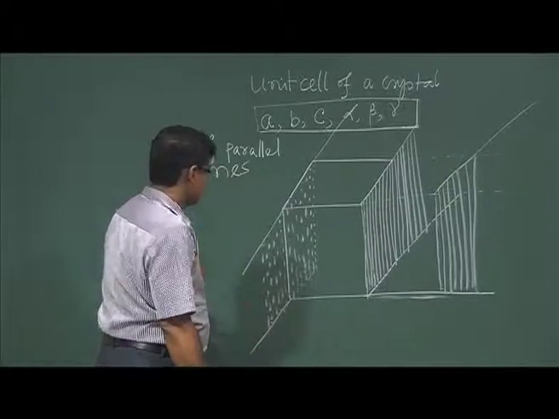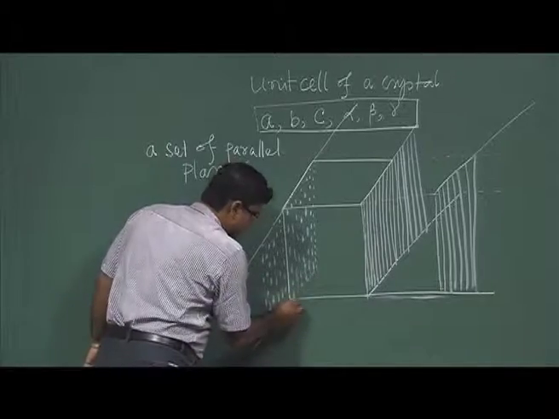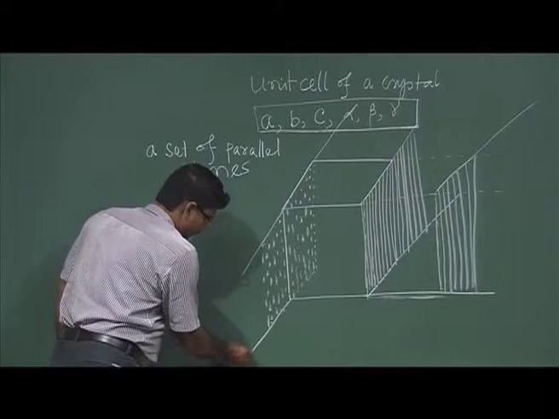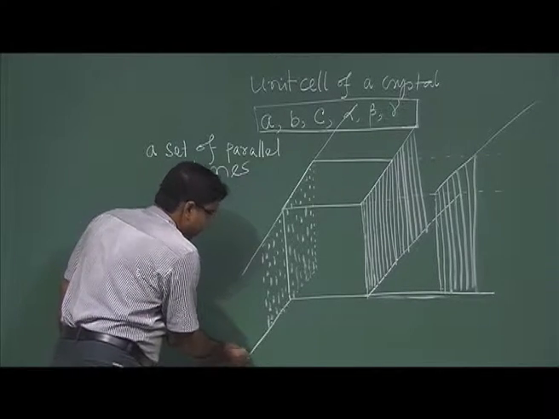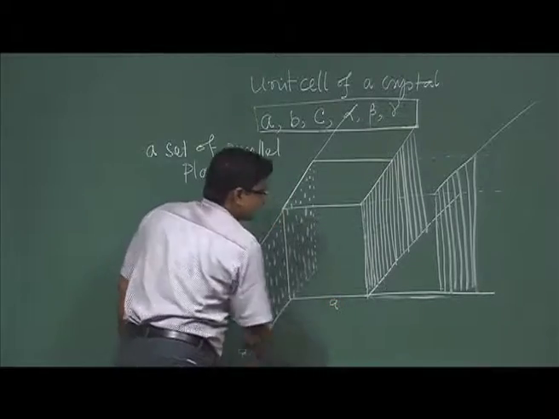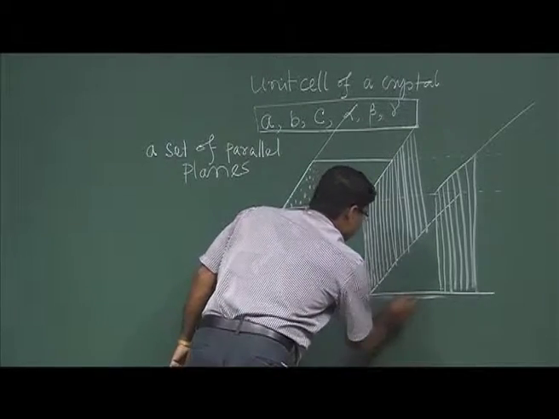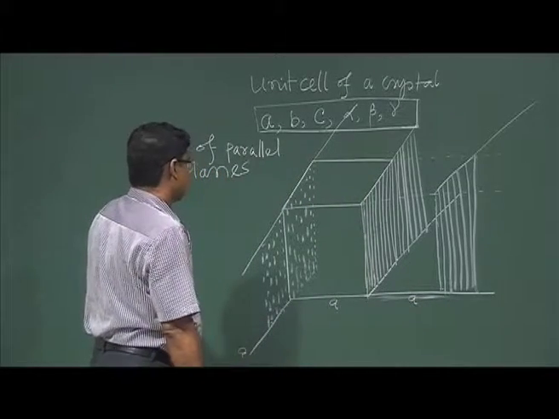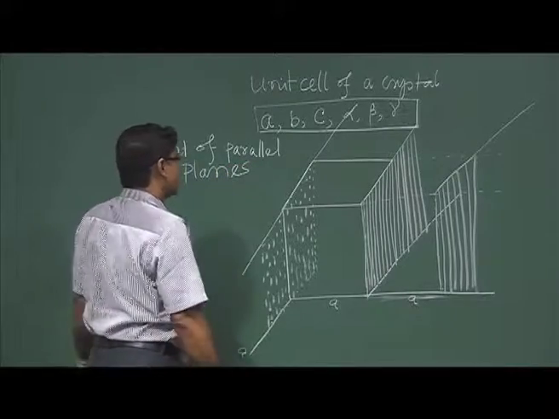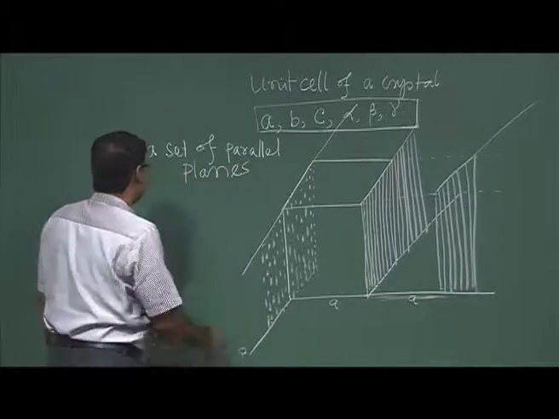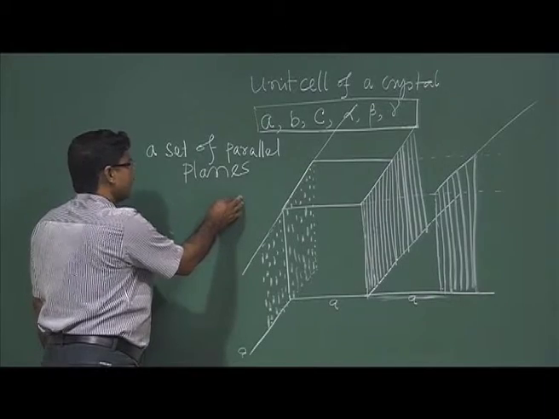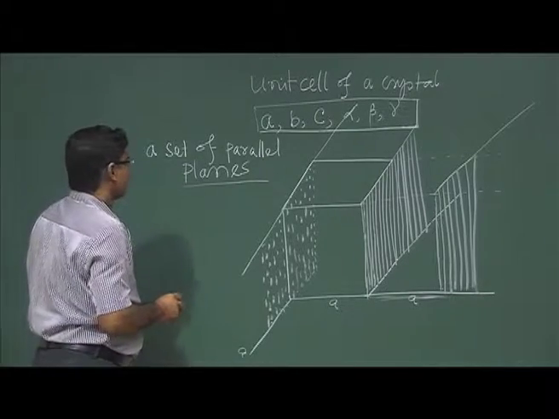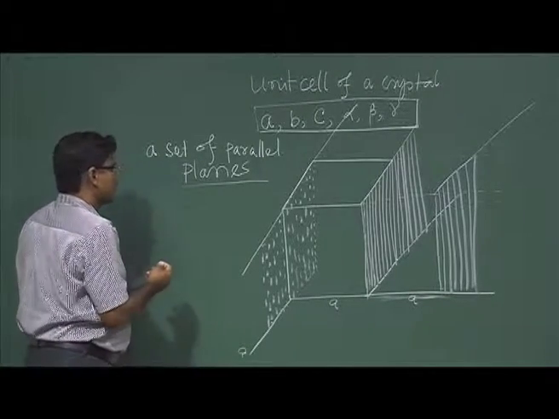which are equidistant. In this case, say if it is cubic, of course, the distance is a. Okay. So, these equidistant parallel planes, we tell this is one plane, and we give one name to these planes.